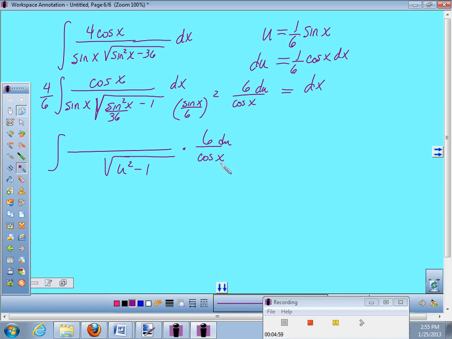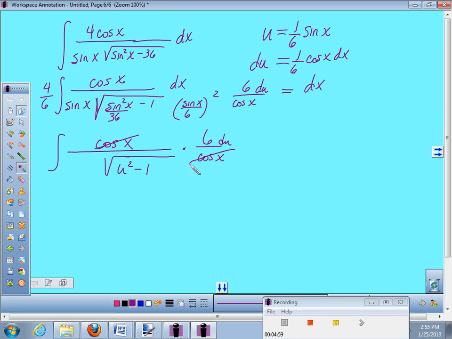I have left gaps because I want you to debate. Should I put the cosine on top? Why? So it cancels. So yes, you would definitely want the cosine to go on top so we can ditch those. Okay, what about this sine out front?